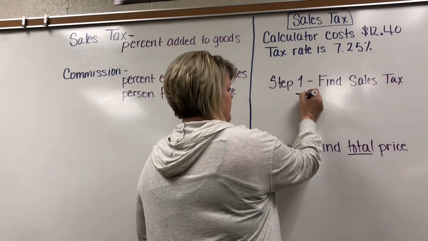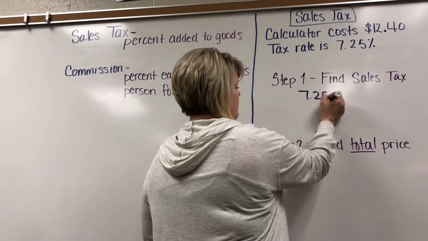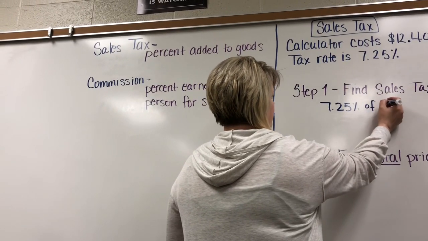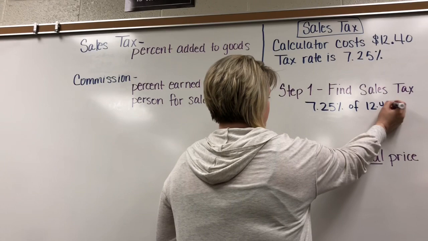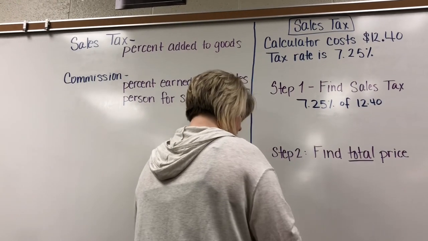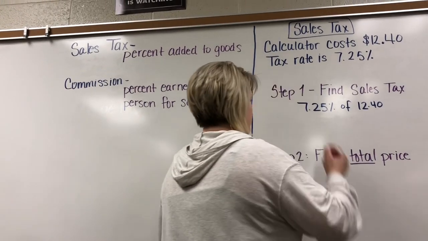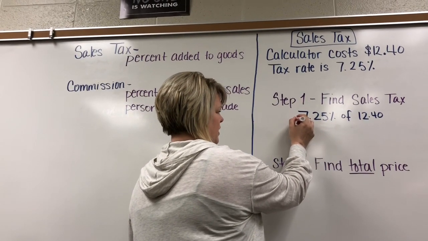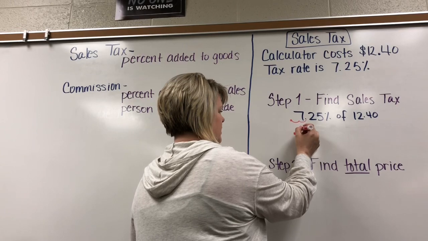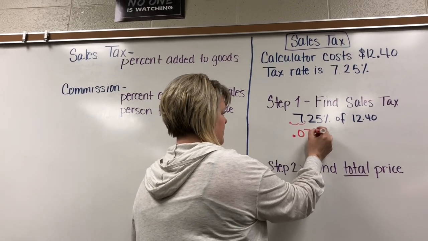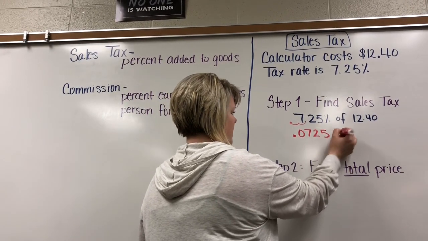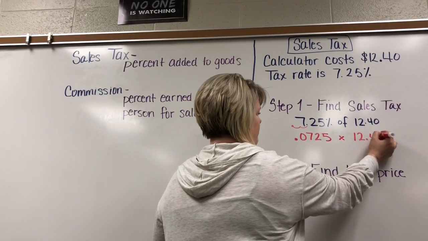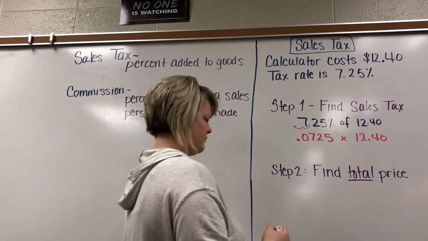So we're going to take 7.25% of $12.40. I'm going to move this over because I want to get rid of the percent, so it's 0.0725 times 12.40. Okay?